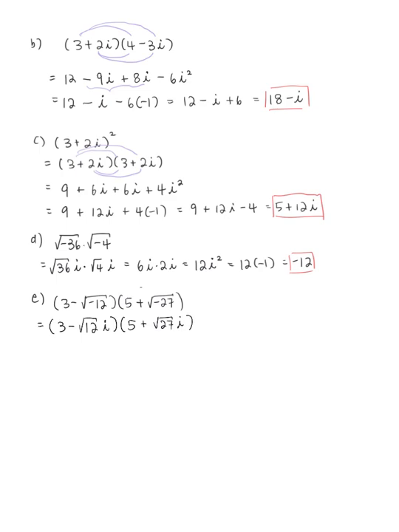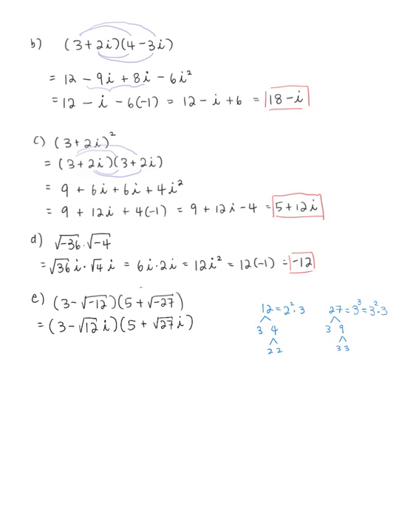As a side work, I'm going to simplify the square root of 12. So 12 is 2 squared times 3. And the 27 can be broken down into 3 times 9. 9 is 3 times 3. So here, this is going to be 3 to the third, but we're looking for perfect squares. So we're going to break this down into 3 squared times 3.